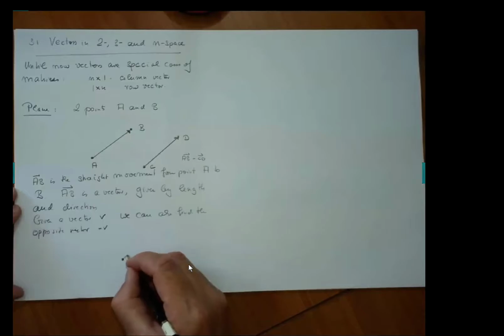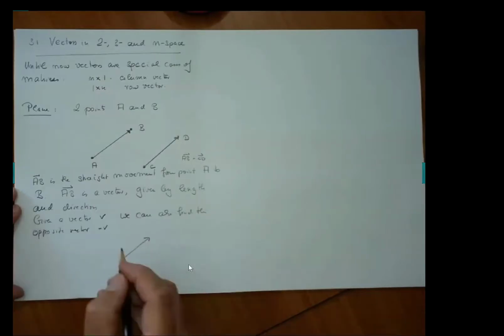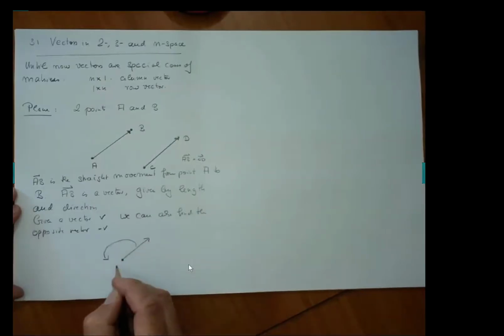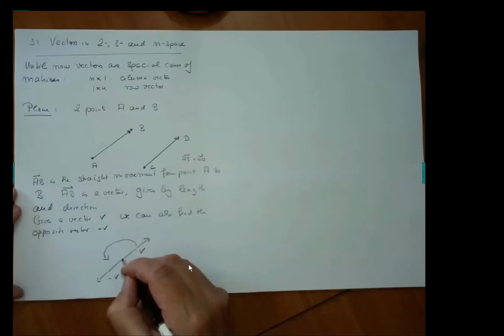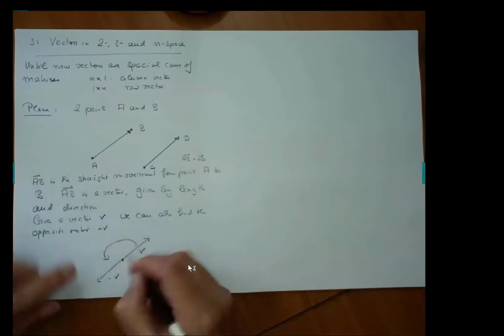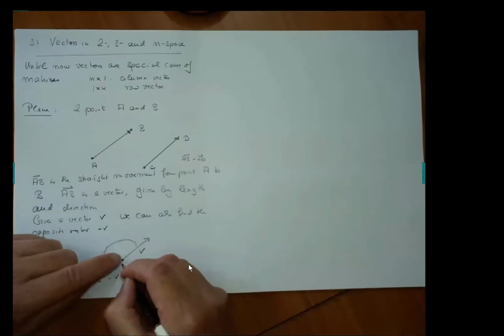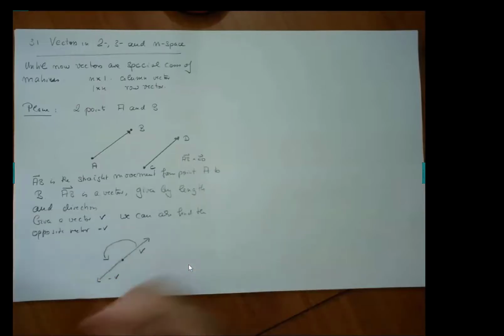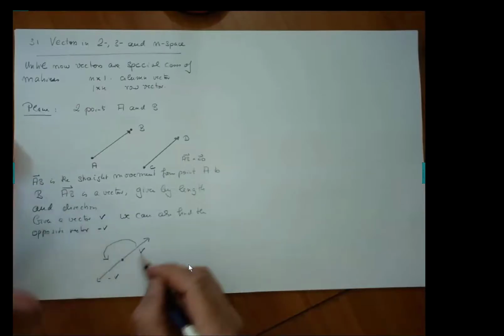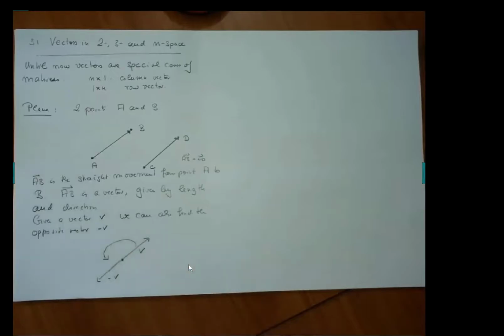So you have here a vector v, and then you just flip around 180 degrees. So if this is v, then this here would be minus v. So if this one, let's say, goes from A to B, then minus v would go from B to A. And you can do this without any math, also any arithmetic. You just flip vectors over. It's purely geometry in the moment.